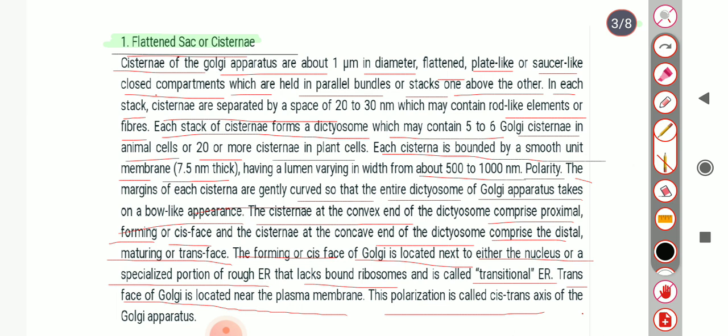The convex end of the dictyosome is compressed and is called the cis phase, and the concave end is called the trans phase or maturing phase. The forming cis phase is located next to either the nucleus or the endoplasmic reticulum, whereas the trans phase is located near the plasma membrane.